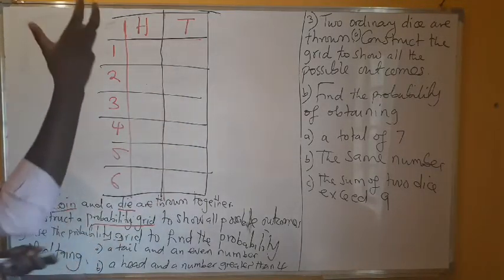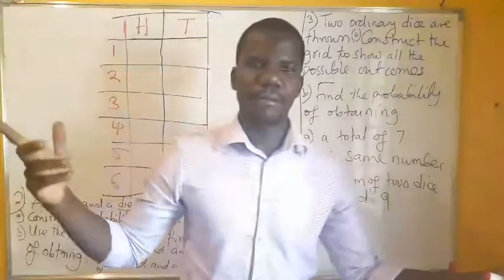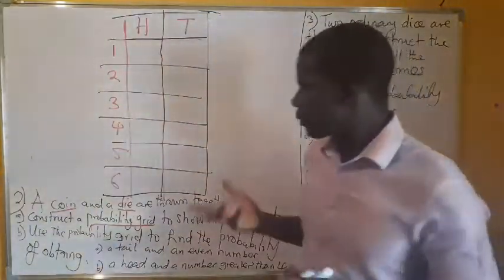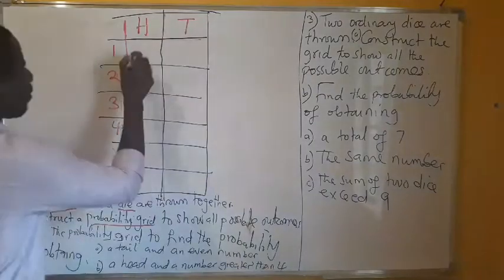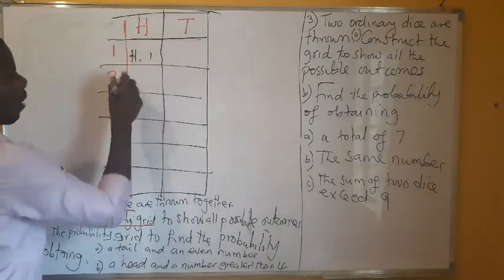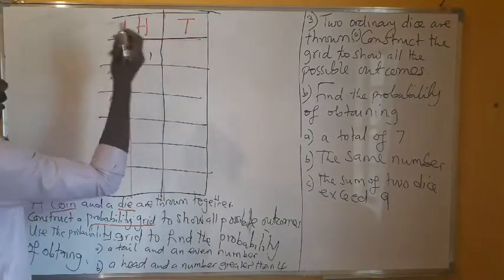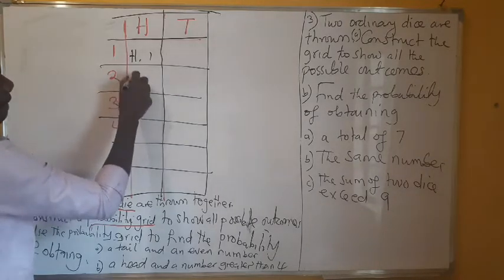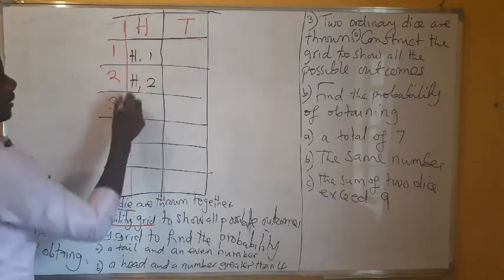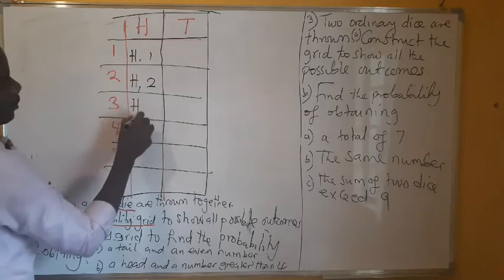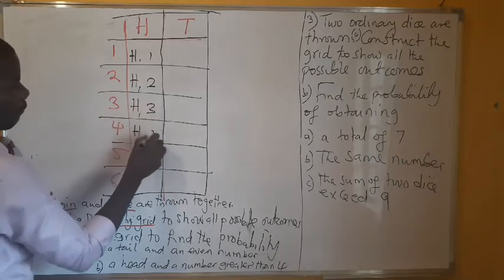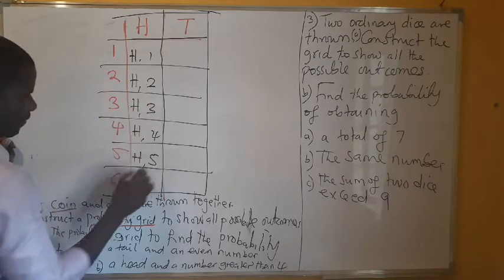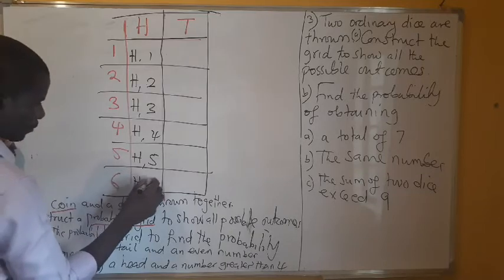When you throw a coin and a die, all the possible outcomes are here. It's either you're going to have a head and a 1, a head on the coin and a 1 on the die, or the head and a 2, then the head and a 3, head and 4, head and 5, head and 6.